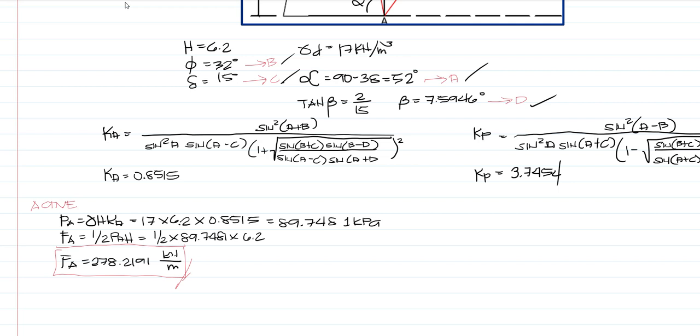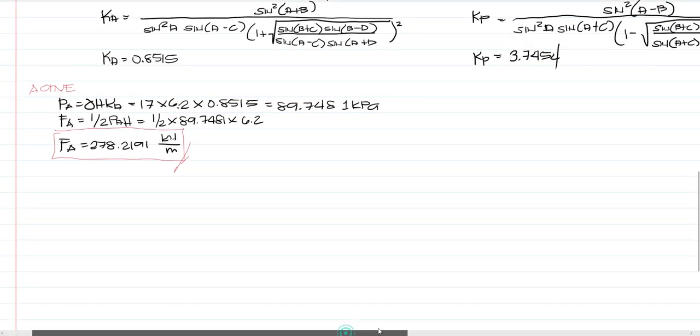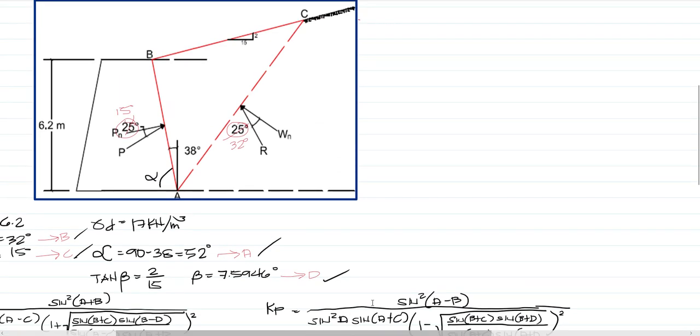Next, ang tinatanong sa atin is yung weight of the failure wedge. So weight lang ng failure wedge in per meter strip or in kilonewtons per meter. So i-drawing natin yung triangle coming from this one.